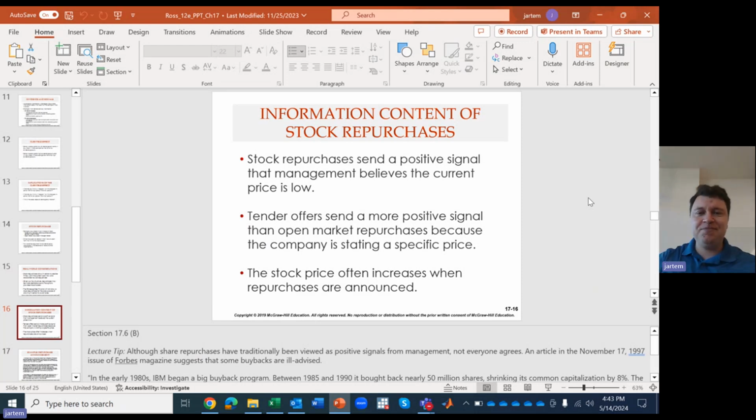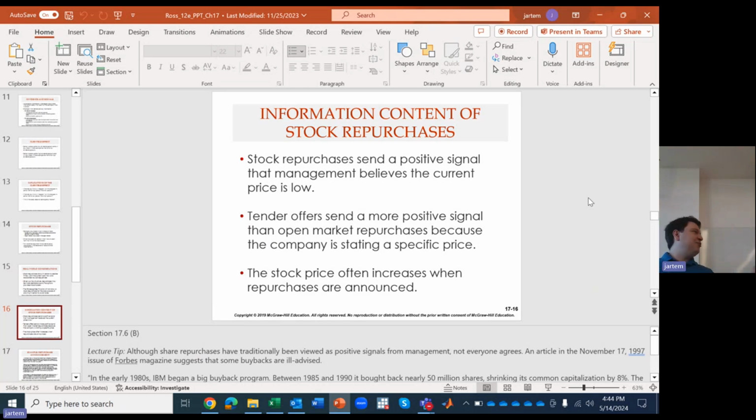You've heard the arguments. So what do stock repurchases tell us about the firm? Well, generally it means that this is a positive signal. After all, if I'm a manager and I see a bunch of my company's stocks trading out there and it's really expensive, right?